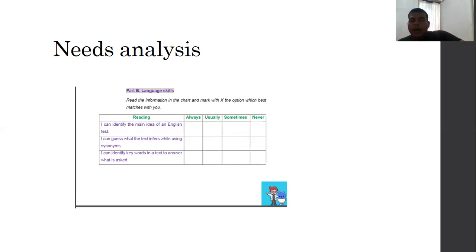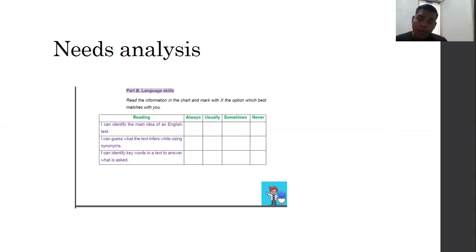This image shows just the reading skill, but I typed statements for the 4 different skills: reading, listening, speaking, and writing.